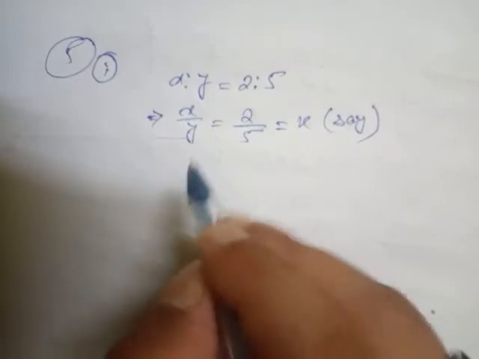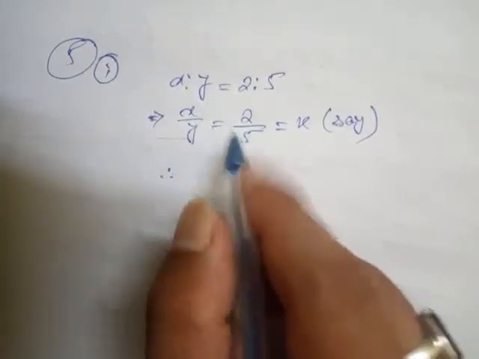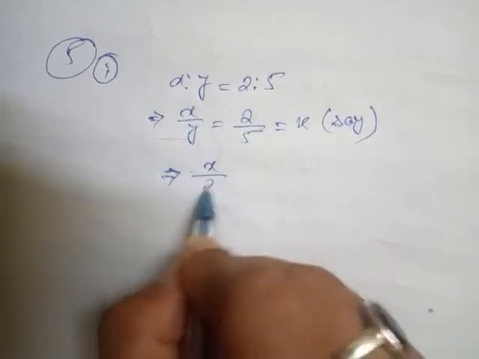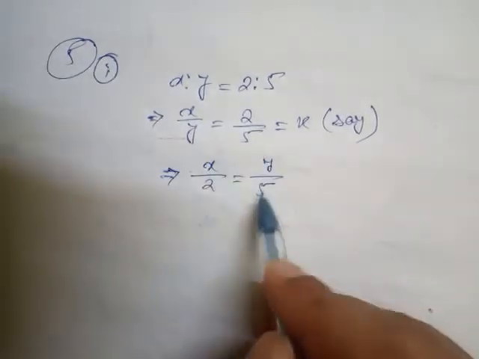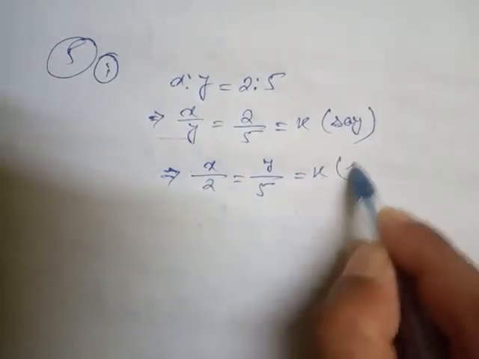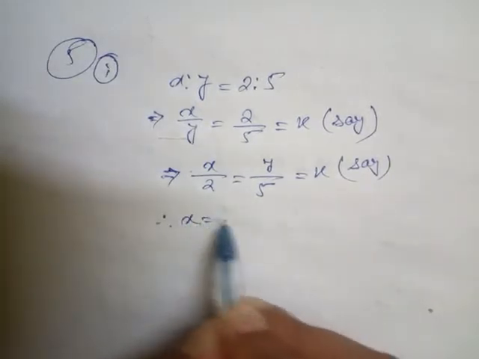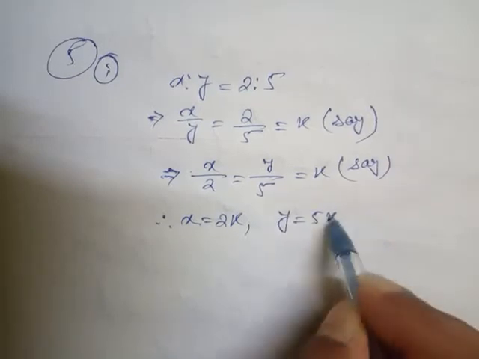Therefore, this implies we can say that x by 2 and y by 5. The value of x is 2k, and the value of y is 5k.